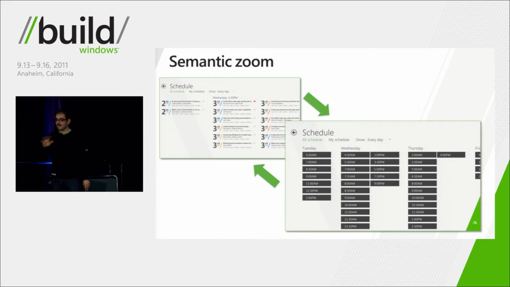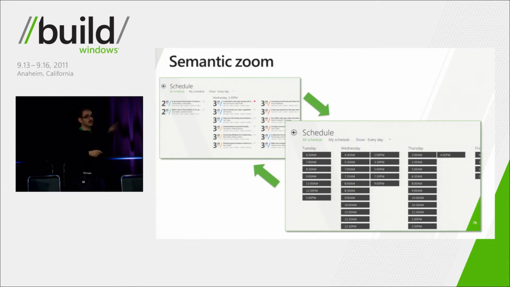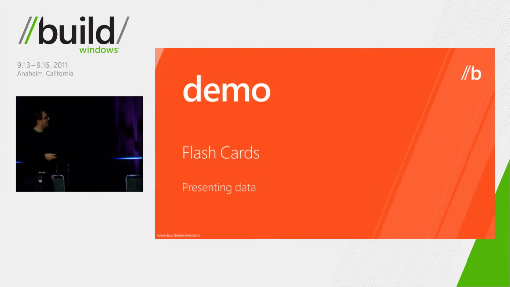Look at the Build app and all the attendees listed in the people view of it. That's a lot of people to scroll through. So maybe you just want to zoom up and just see the letters that represent the groups, P, A, B, C, D, and then jump to the P's, for example, to find me, Paul, or whatever. So semantic zoom is a control that lets you set up these 2 views, connect them, and do that. And we'll show you some examples of that.